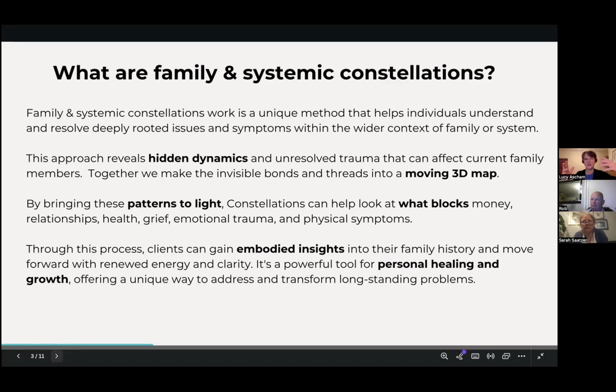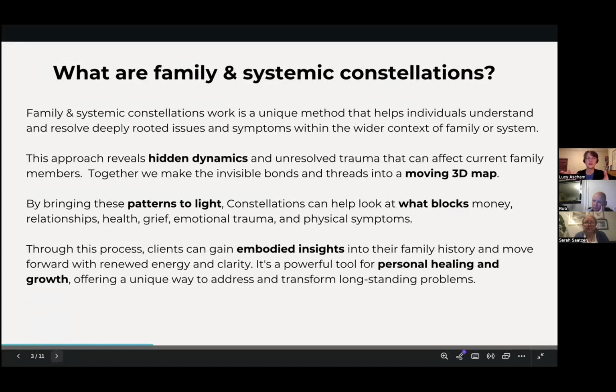So our environment, our religion, those different things, and that particular pattern that is ours, and how all those stars, all those elements would be relating to each other. So this approach reveals the hidden dynamics and unresolved traumas that can affect family members. So it's a bit like the wind, and how we can't necessarily see the wind, but we can see the effects of it.